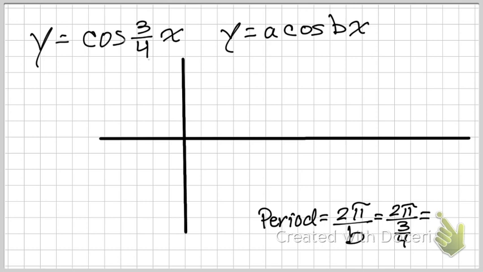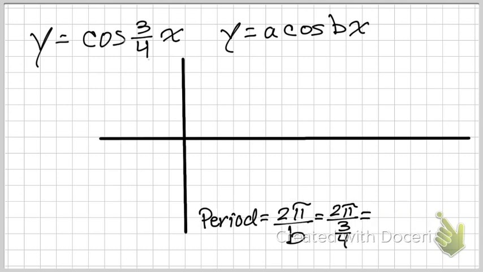But this 2 pi over 3/4 is equivalent to 8 pi over 3. And then the really important conversion now is to convert this from an improper fraction to a mixed number. So that would be 2 2/3 pi.